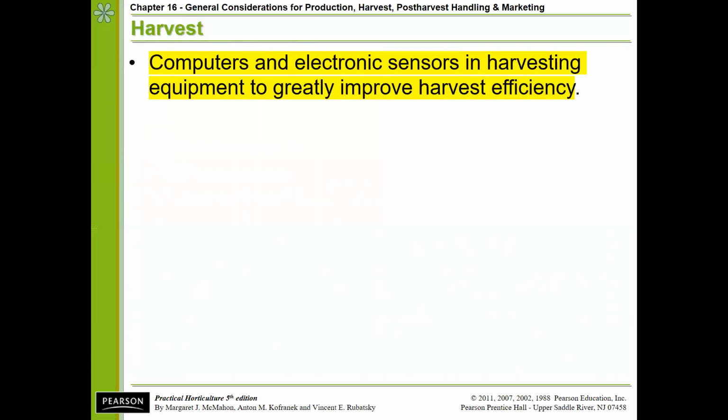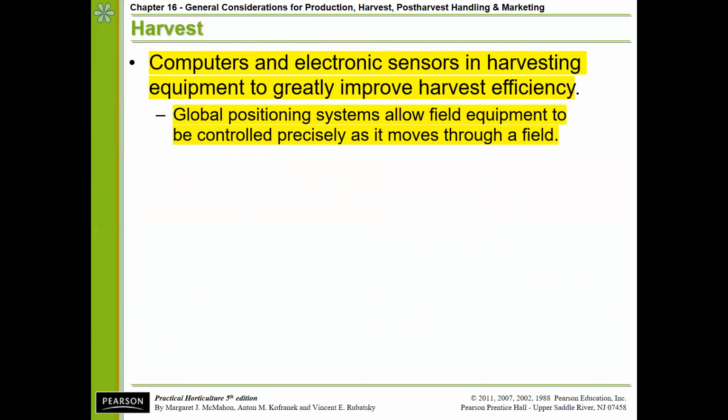With the advent of modern technology, we have sensors that really improve harvest efficiency, as well as GPS that allows field equipment to really be controlled precisely and programmed to where it does exactly what you want it to.